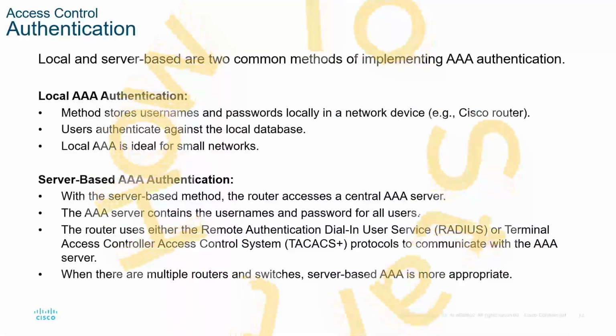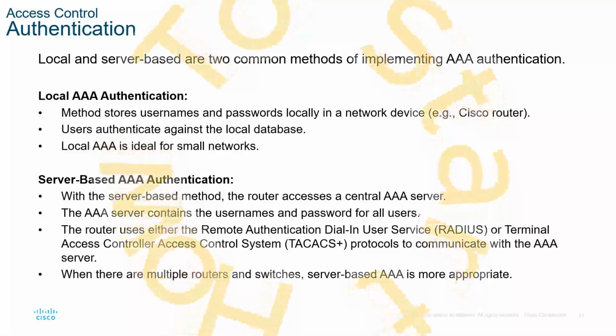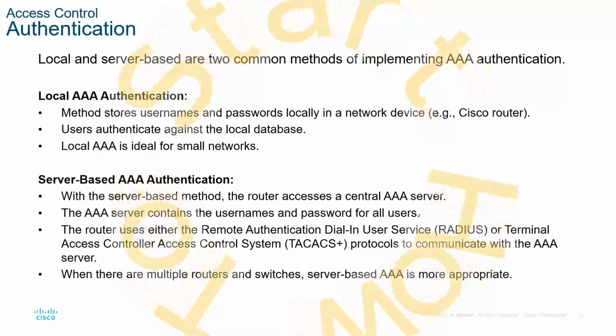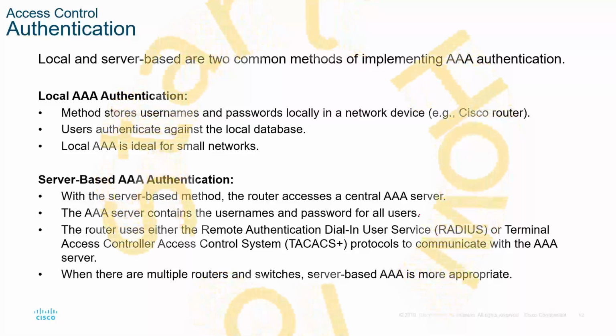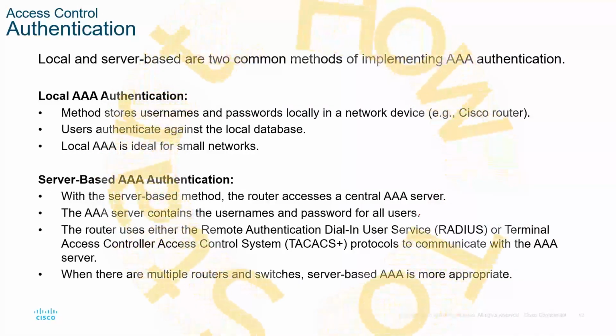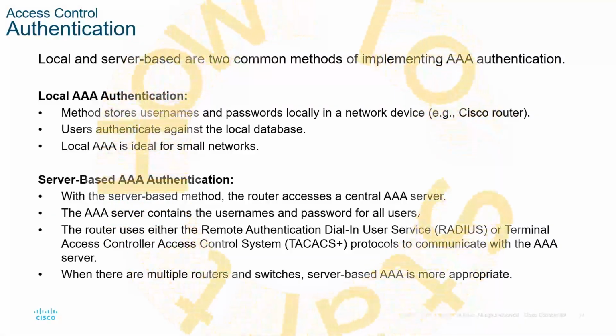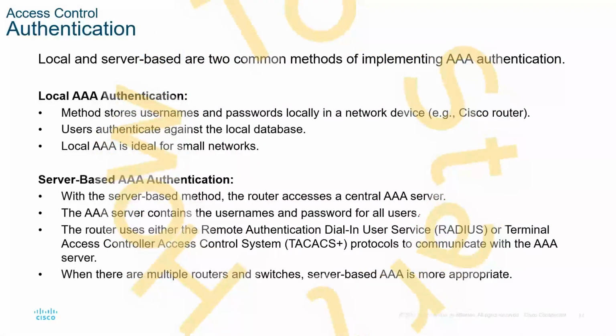Again, authentication, we could do either local or server-based authentication. If we're doing server-based authentication, it will be things like RADIUS or TACACS. The nice thing is, both RADIUS and TACACS do communicate with AAA servers. They provide that communication channel.